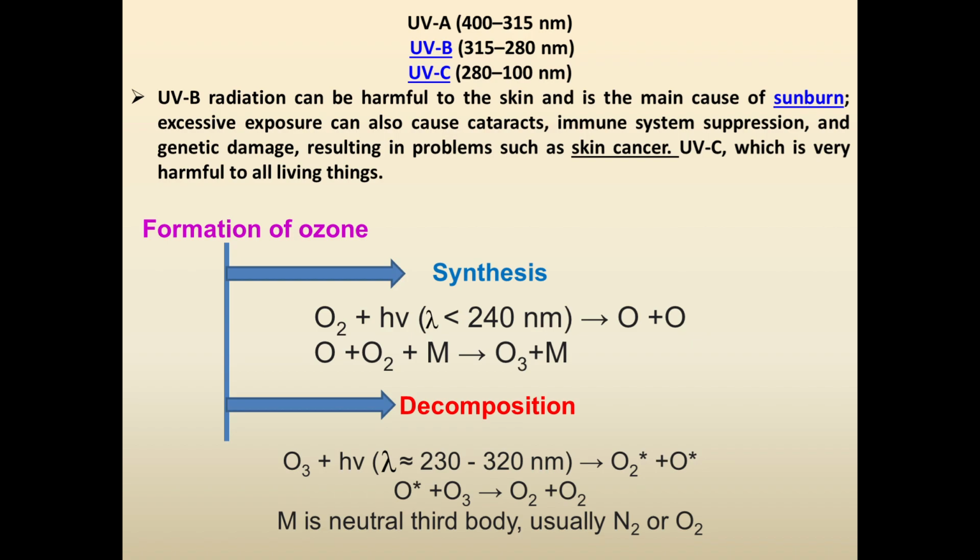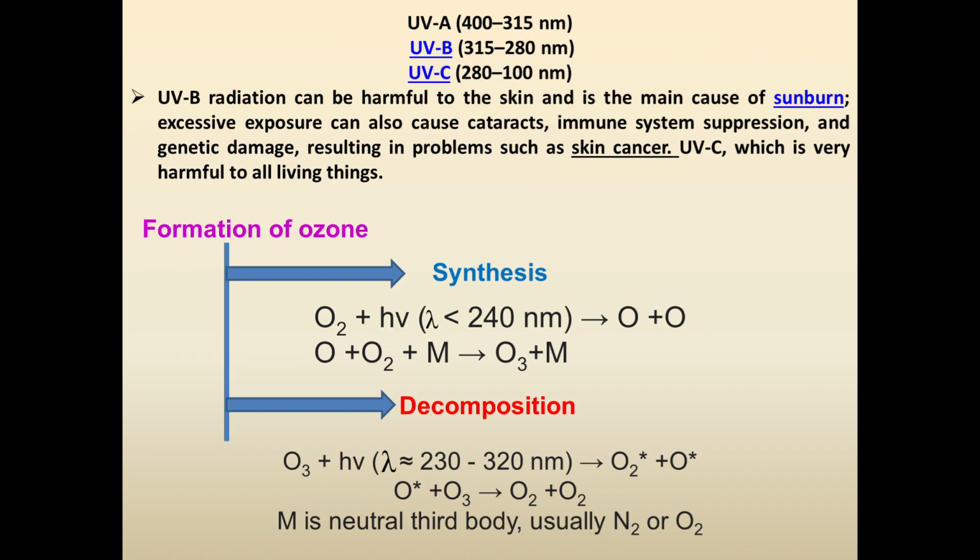When you come to the decomposition process, the O3, the ozone molecule, is decomposed or broken down in the presence of wavelength around 230 to 320 nanometer. It breaks down to a diatomic oxygen and a singlet oxygen molecule.